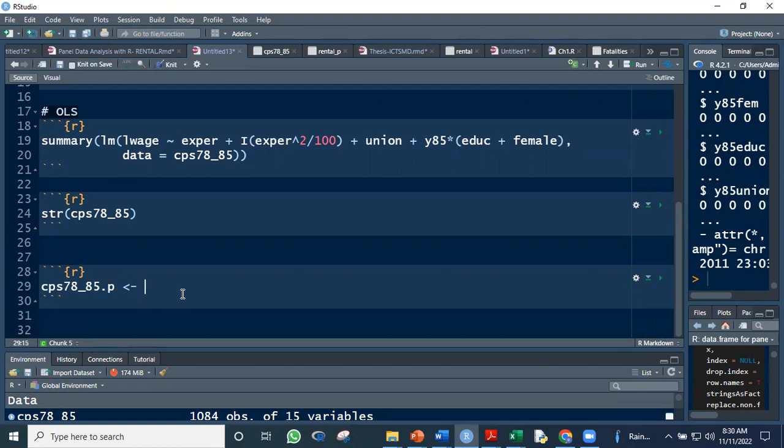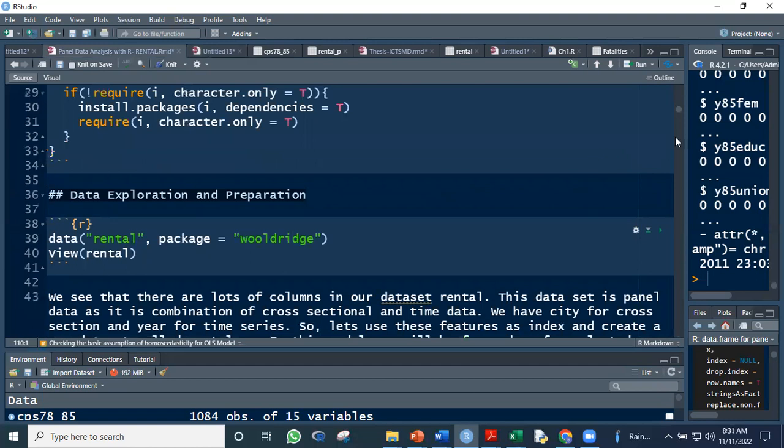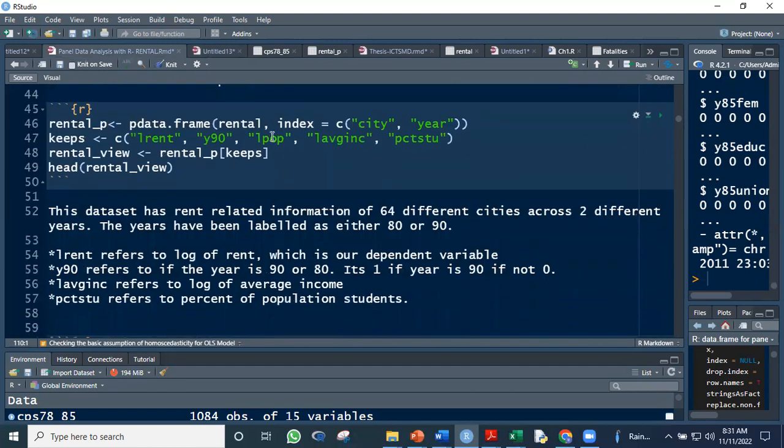Okay, so how do we convert it into panel data, guys? pdata.DataFrame, no? And then, if you recall, class, this is very important, no?